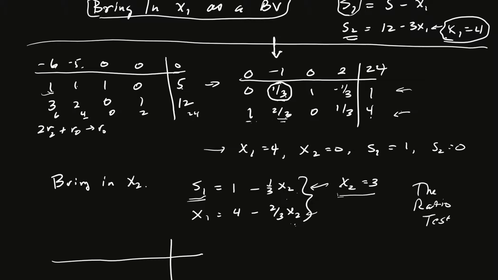Okay, good. Now, the 1 is there. I need to get rid of row 0. So I'll add these two rows together. 0, 0, 3, 1, 27. And then 0, 1, 3, -1, 3.